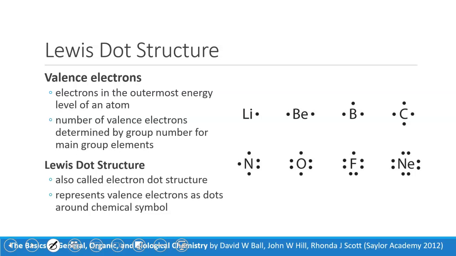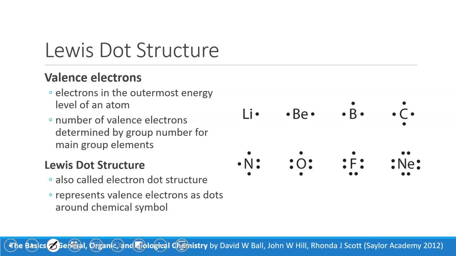So, with the examples here on the right, the important thing is that when we are putting the dots around the atoms, that we're very systematic. So we want to only represent dots as a single electron or as a single dot until we get up to 5 electrons. And we're going to use the top, bottom, left, and right to put an electron on each side.